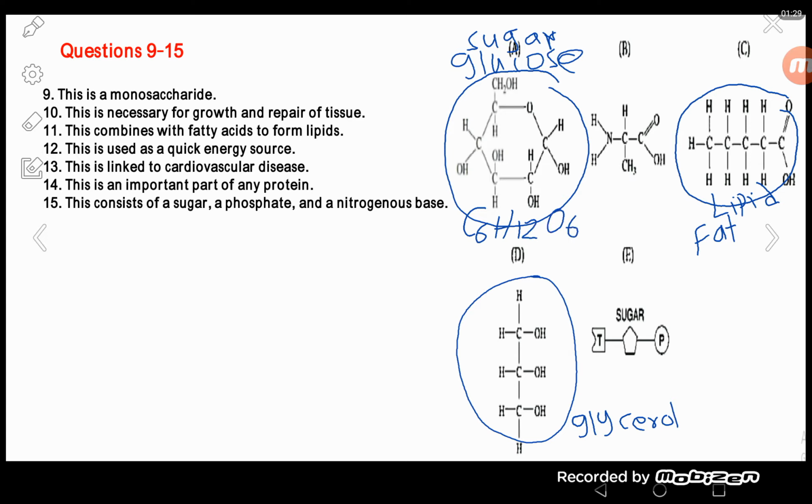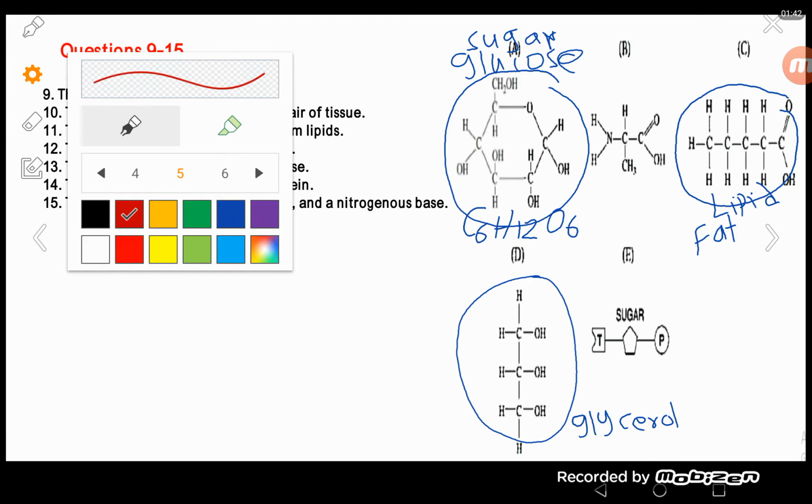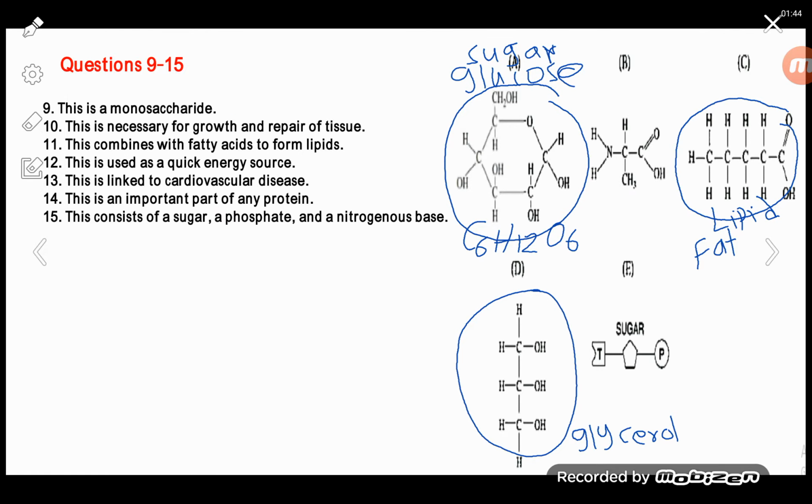I am sure all of you know that because we explained it many times in photosynthesis and cellular respiration. If we count the carbons, as you see, we have 1, 2, 3, 4, 5, and 6 carbon atoms. You can also count hydrogens and oxygens. So this is a glucose or sugar molecule.